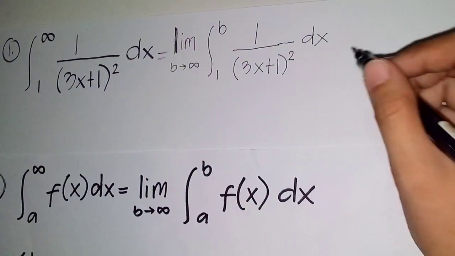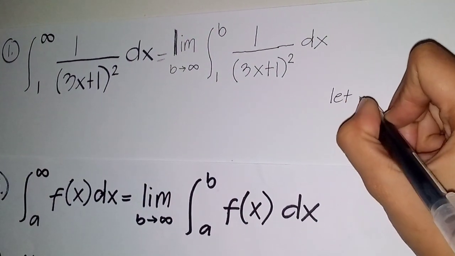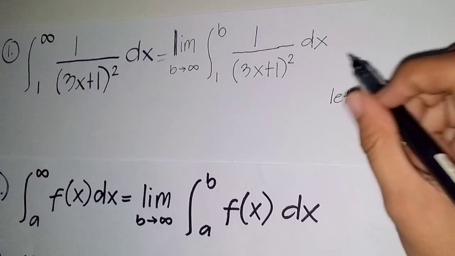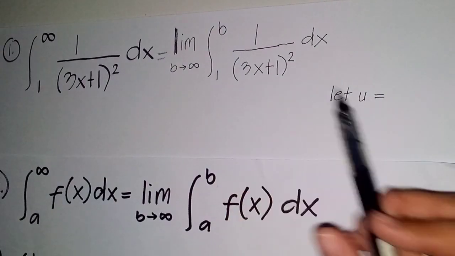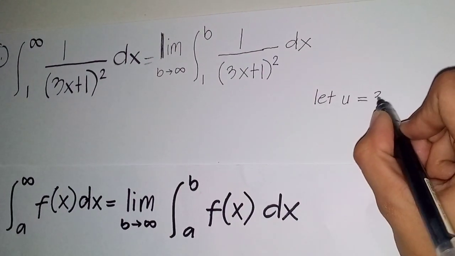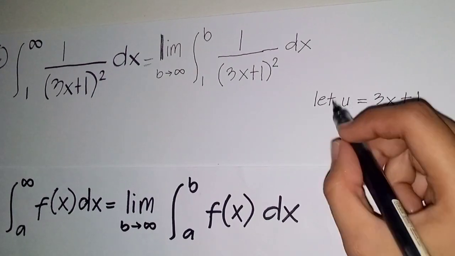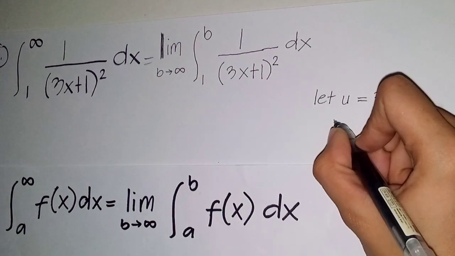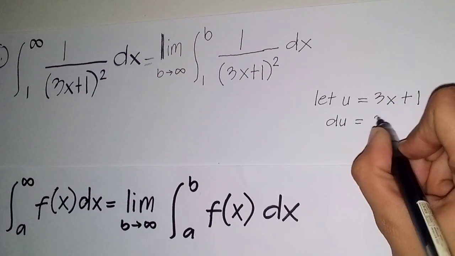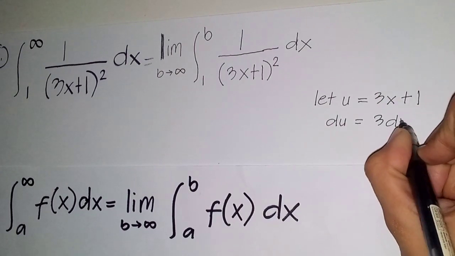Okay, we're going to let u be 3x plus 1. And then the derivative of u is 3 dx.